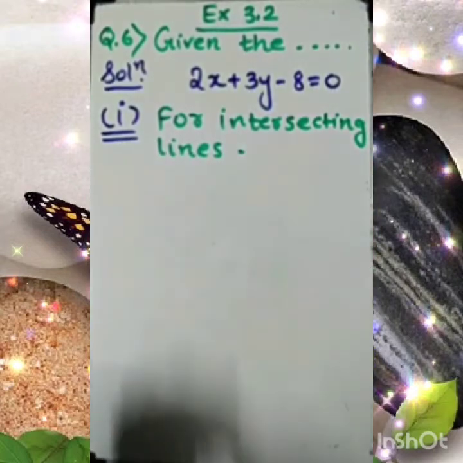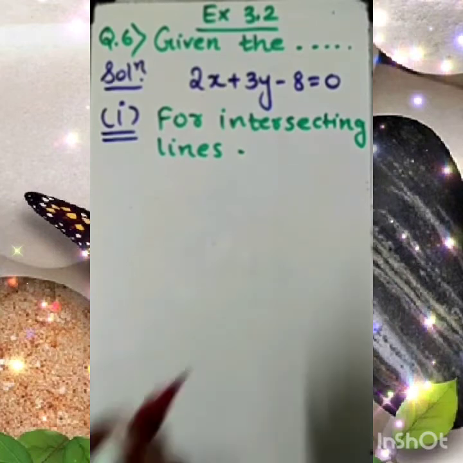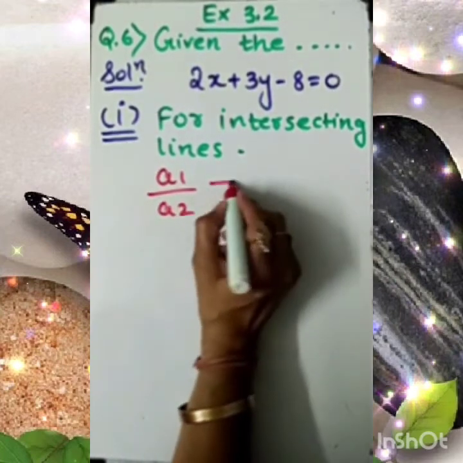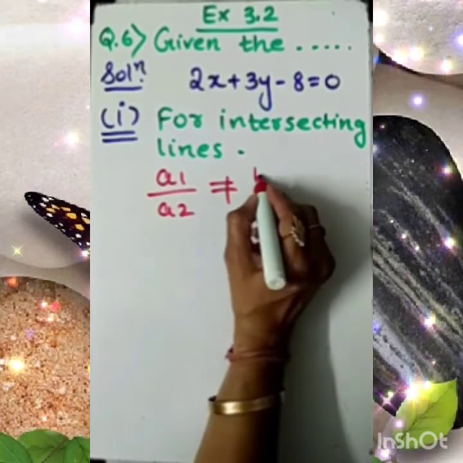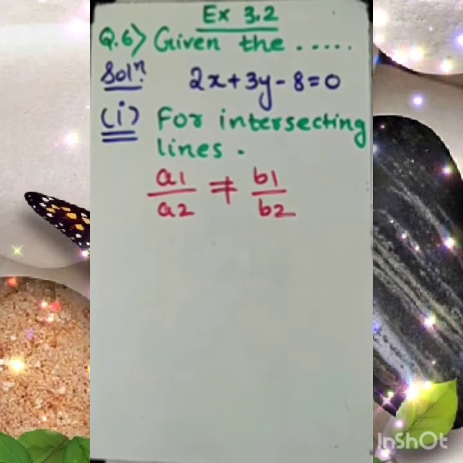For intersecting lines, if you remember nicely, the equation will satisfy this condition: A1 by A2 not equal to B1 by B2. Okay? A1 by A2 not equal to B1 by B2. Right?